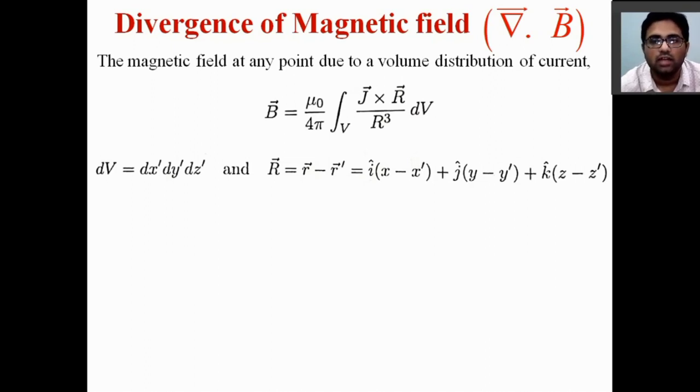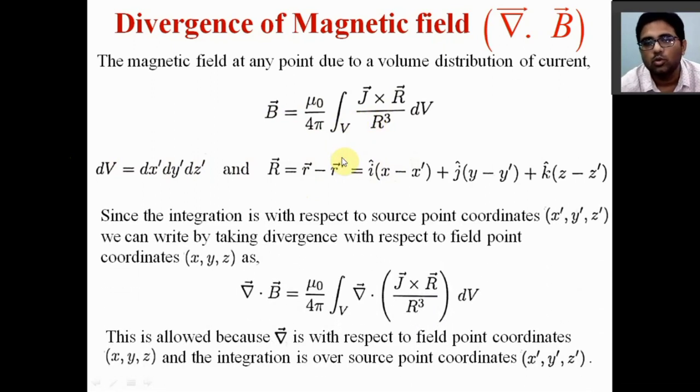So we know that according to Biot-Savart law, the magnetic field at any point due to a volume distribution of current is like this. Now, since the integration is with respect to source point coordinates, we can write, by taking divergence with respect to field point coordinates, as like this.